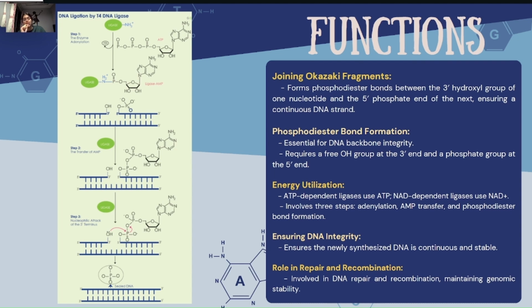Then we have the ensuring of the DNA integrity, which is done by DNA ligases, so that the newly synthesized DNA is continuous and stable, much like a smooth path. It also has a role in repair and recombination.